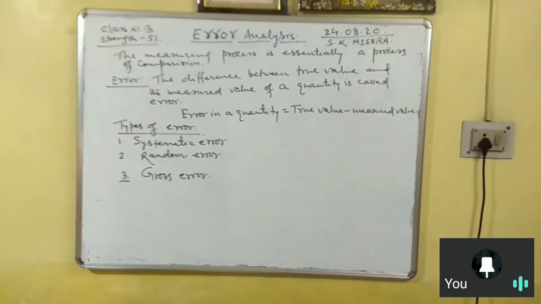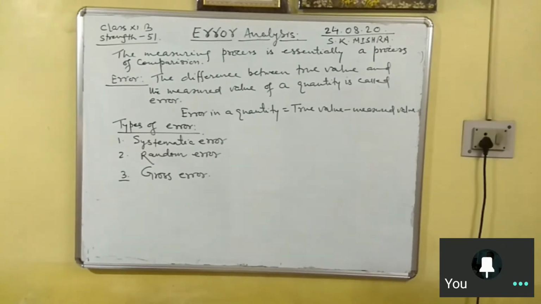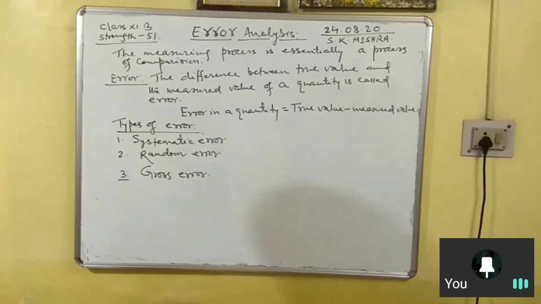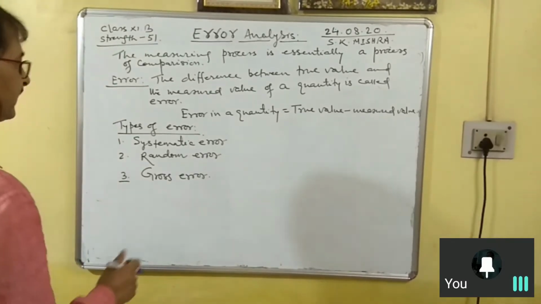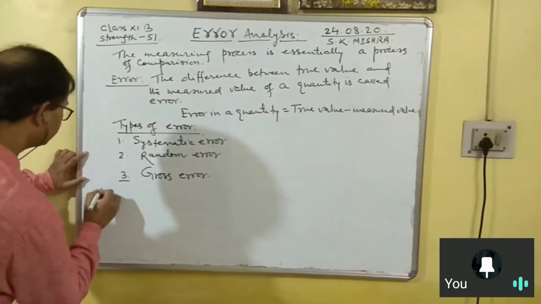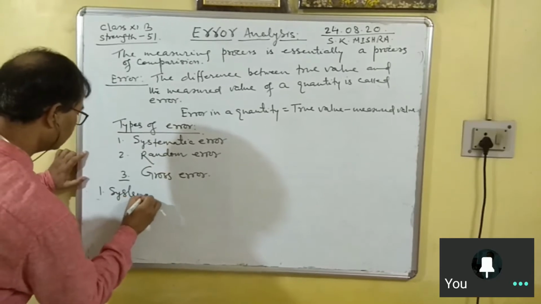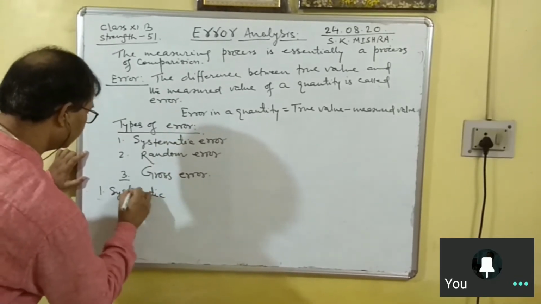Now systematic error, random error, gross error, we will discuss one by one. What is systematic error, what is random error, and what is gross error. So we are discussing first systematic error.